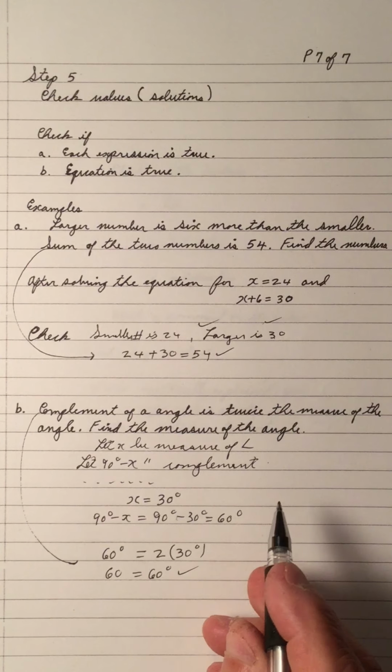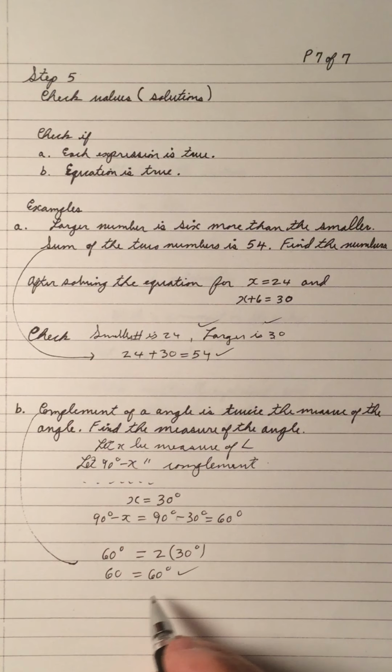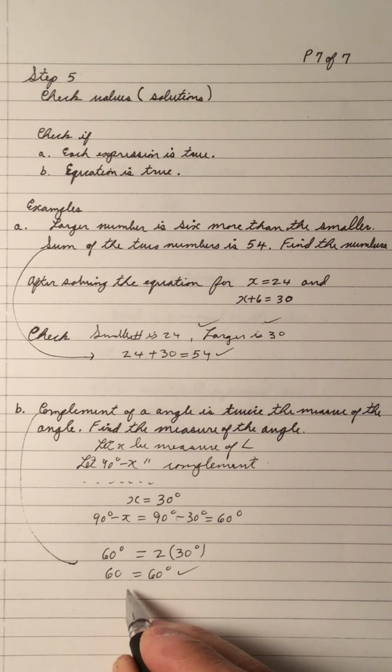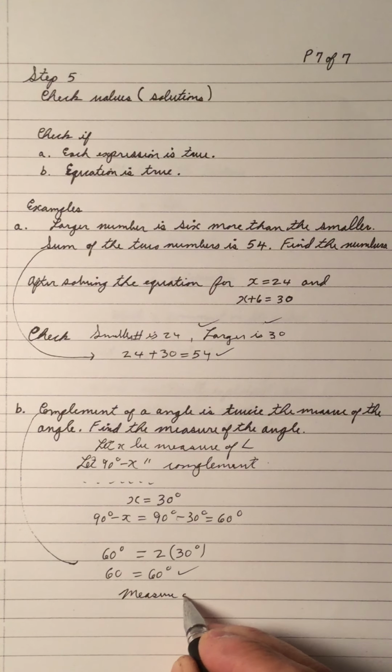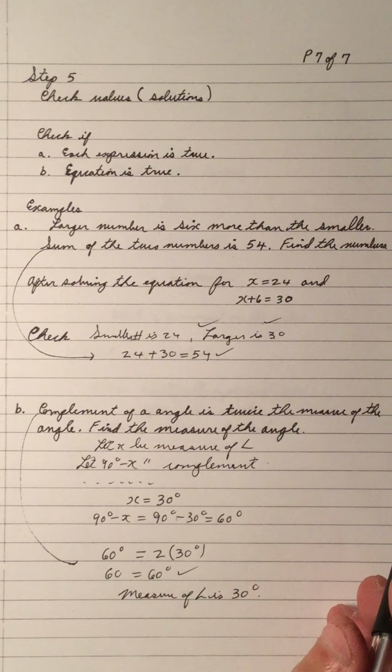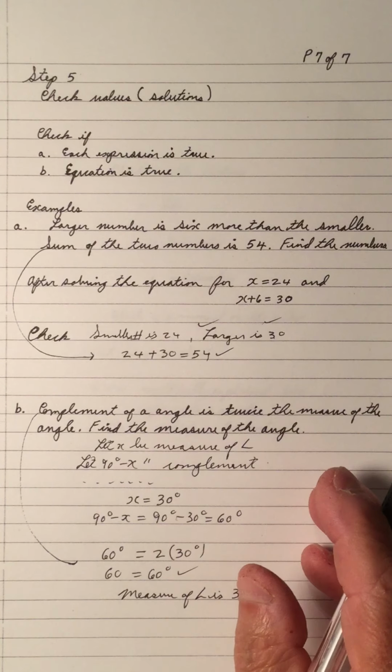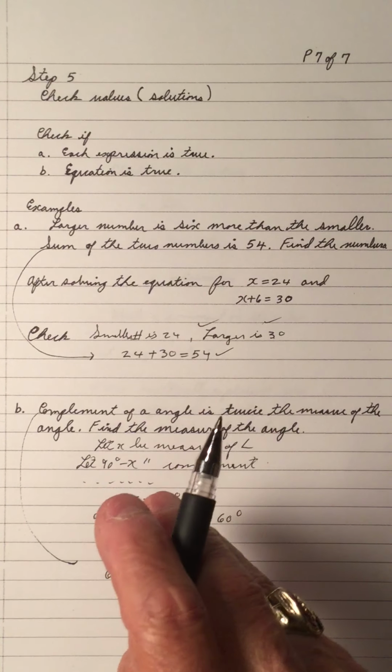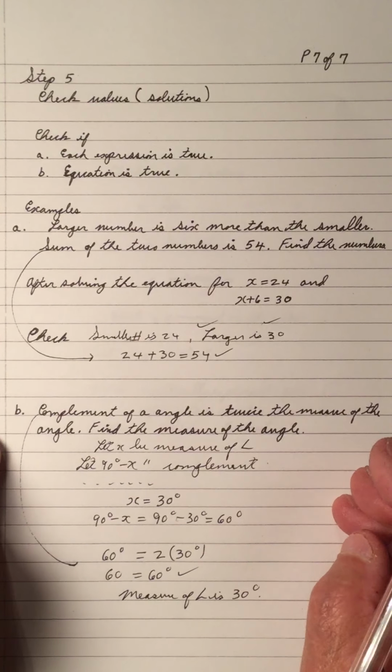So that's true. Therefore, we have found the measure of the angle, and we checked it out. The measure of the angle is 30. So again, we check it back into the unknowns, make sure they're okay, and make sure it fits the equation. And when it does, everything is okay.